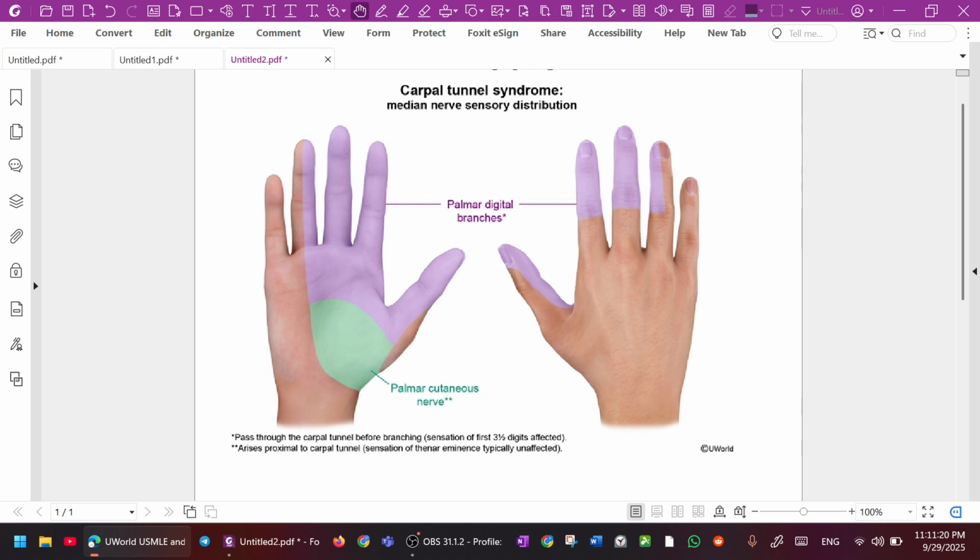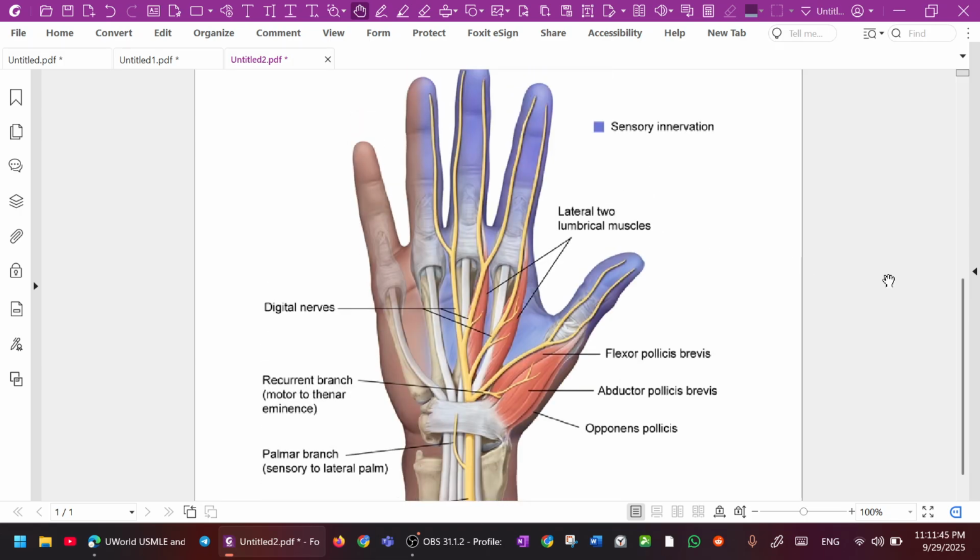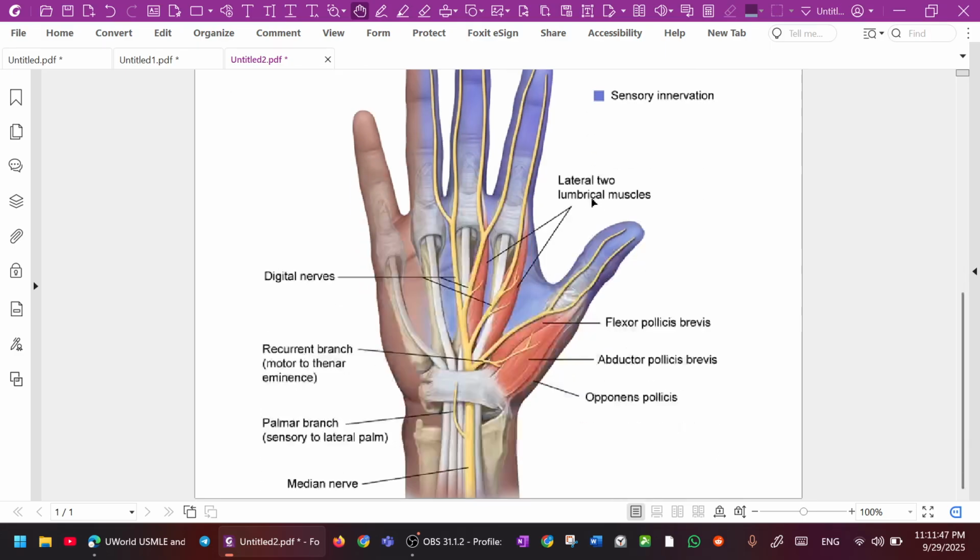Evidence of muscle weakness typically signals more advanced disease. Severe CTS impairs the median nerve innervation. If we look at this picture, it is the median nerve innervation in the hand.